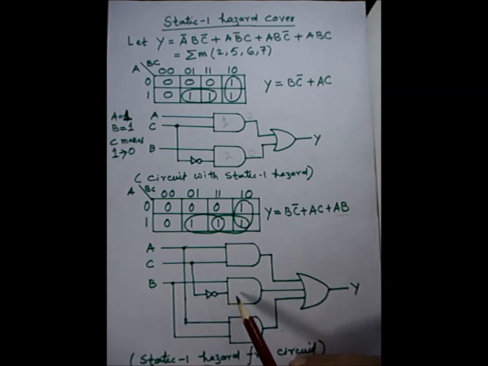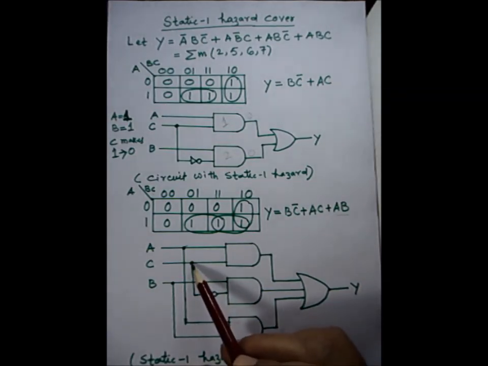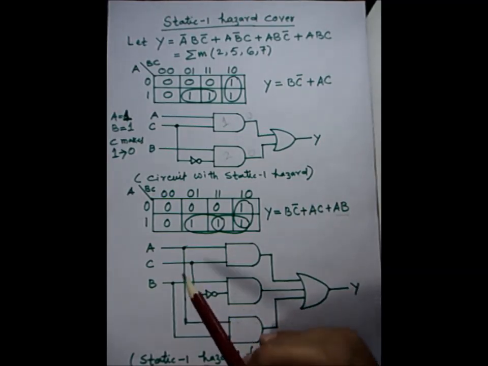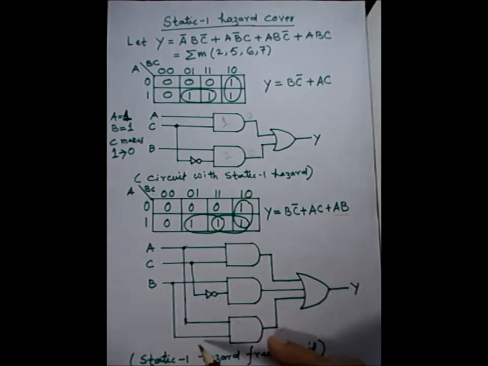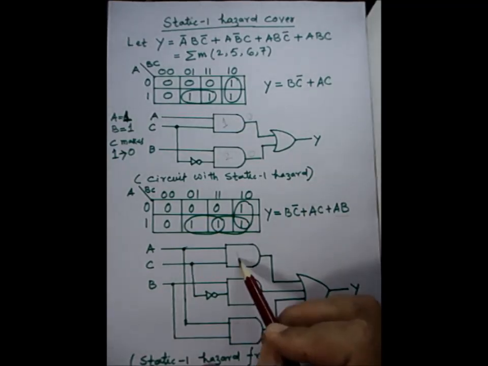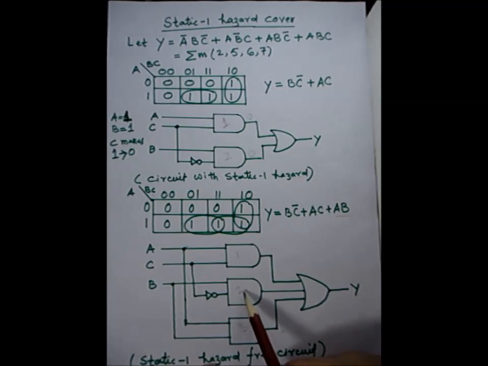In the previous case, when C changed from 1 to 0, the output went to 0 due to the NOT gate delay. But because of the addition of another gate, since A and B remain 1, the effect of gate number 2, if you number the gates 1, 2, 3, is neutralized by this additional gate.